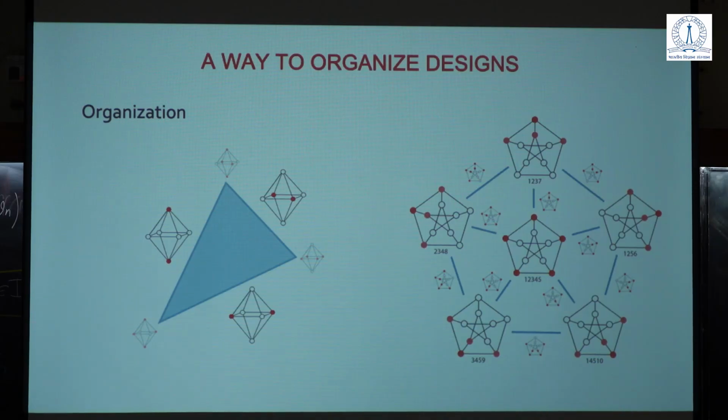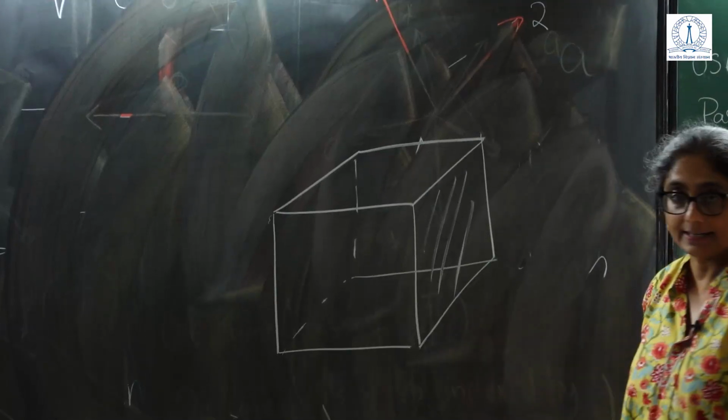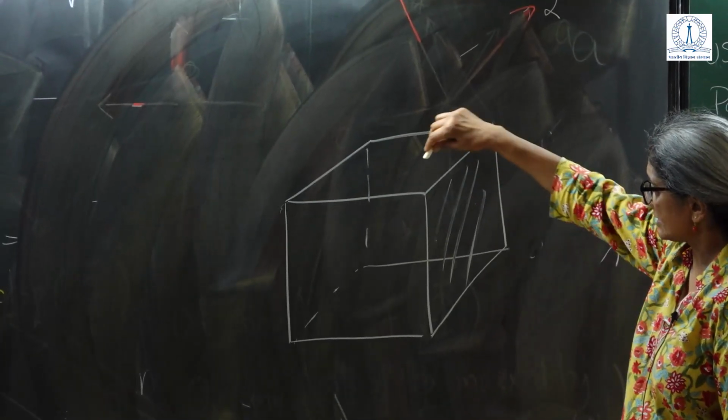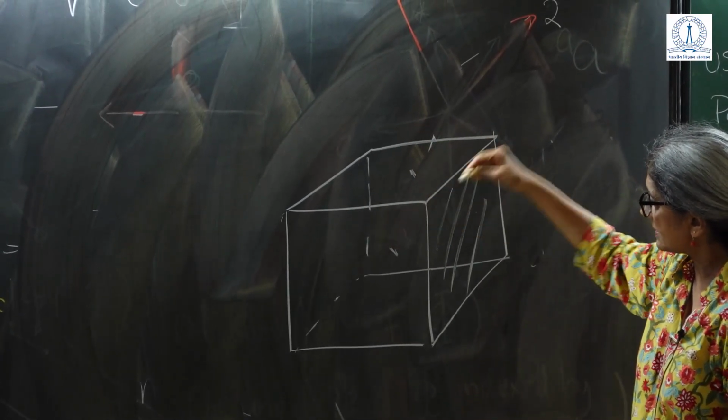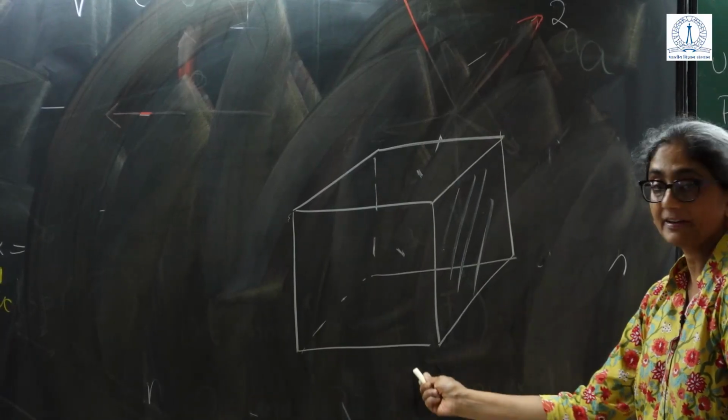Okay, let's do it on the cube because everybody likes the cube. So suppose my eigenpolytope is the cube, so every facet of the cube carries a minimal design. This facet carries one design, but this facet is adjacent to this facet, the back facet, and the bottom facet, right?